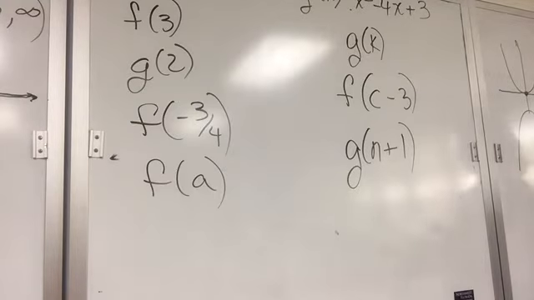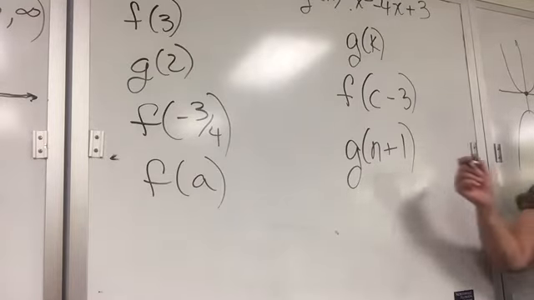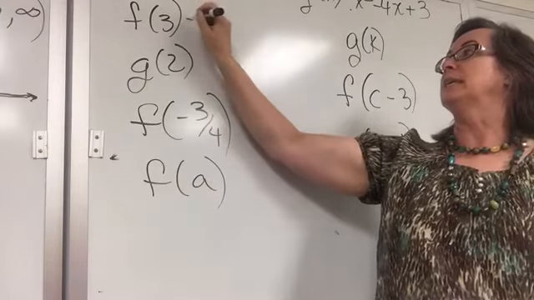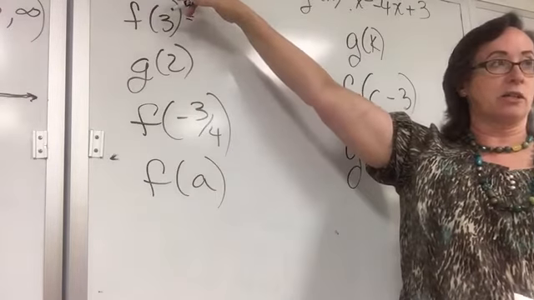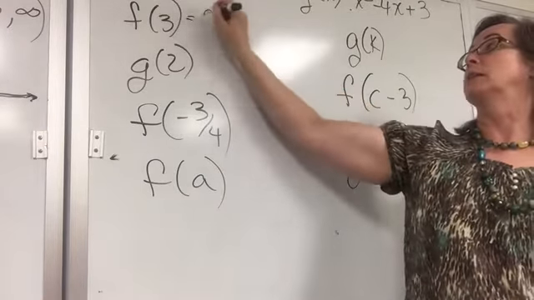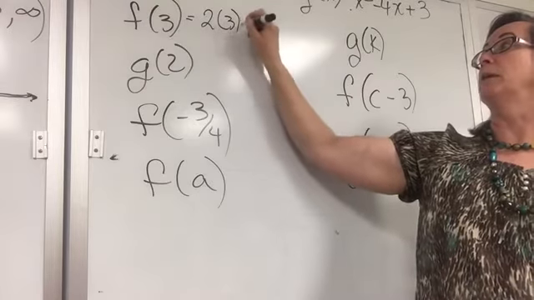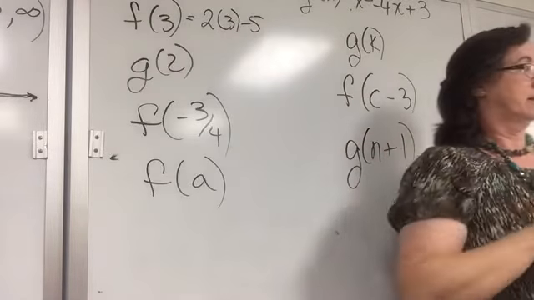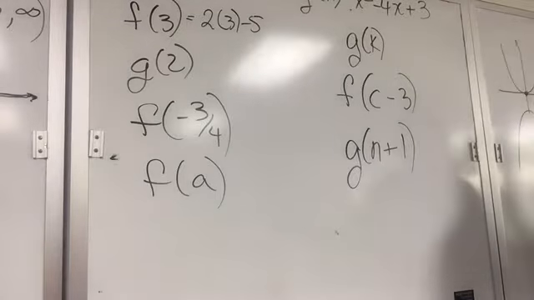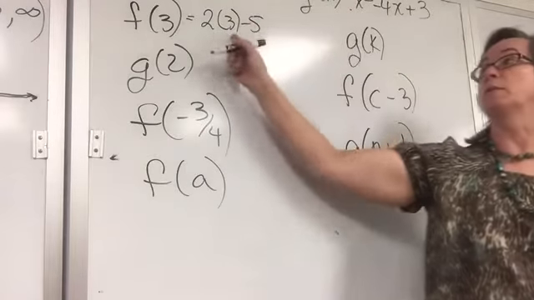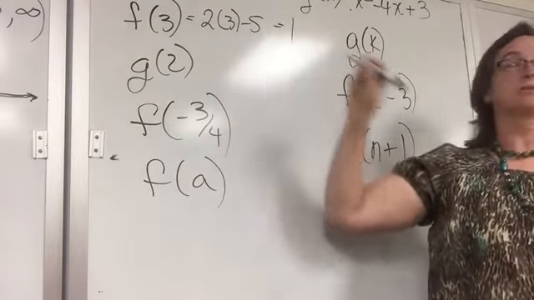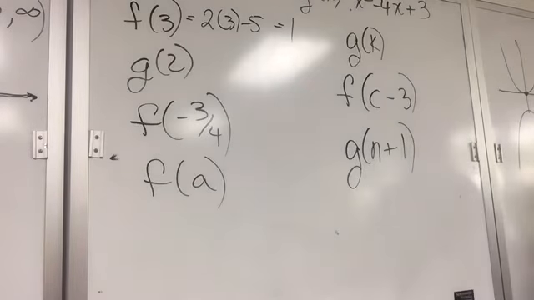Wait, what are we trying to find? This is an evaluation. So this is equal to the f function when you plug 3 in. So it's going to be equal to 2 times 3 minus 5. Yeah, so we just plug. You give me the number. Okay, cool. So what is 2 times 3 minus 5? So the first one is done for you. Okay, 6 take away 1.